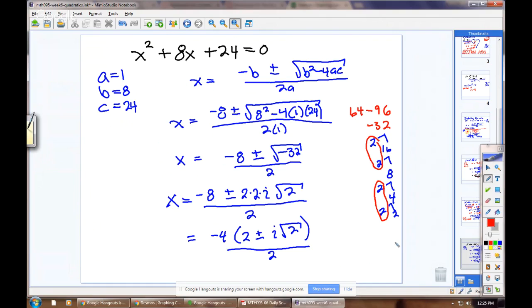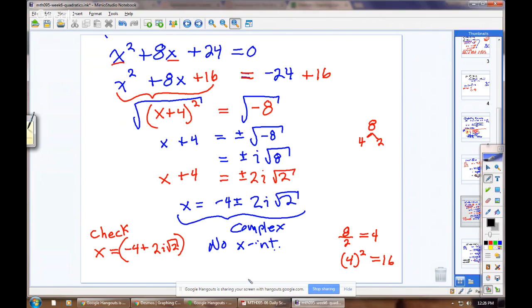And then 2 goes into 2 once and 4 twice. And I'm running out of room, so I've got negative 2 times 2 plus or minus i square root of 2. If you want, you can bring that 2 back in. So 2 times 2 is 4 plus or minus 2i square root of 2, which I'm pretty sure is what we found right there. Yep, same answer.